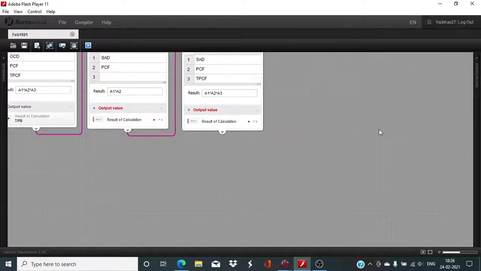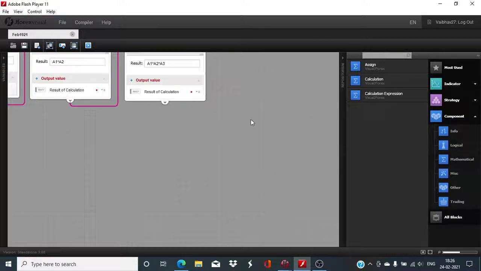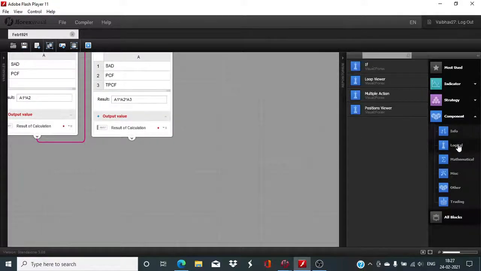So for the time being we will leave it as it is and start to take the if else statement.